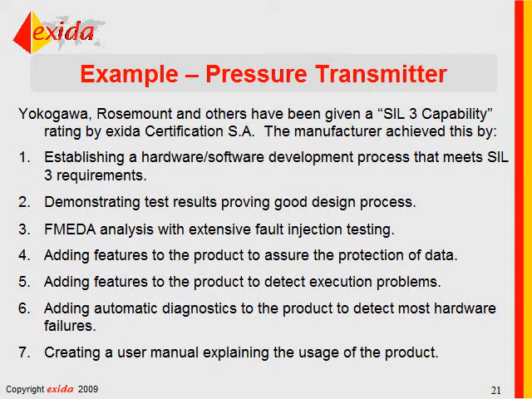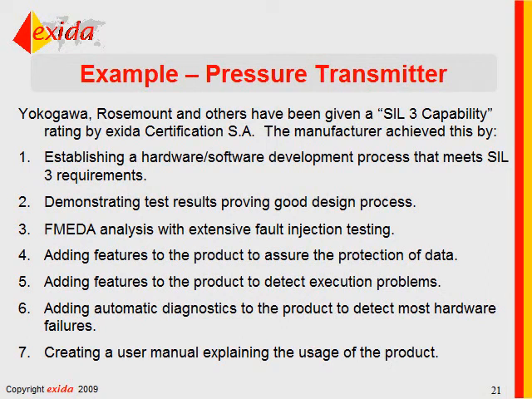Taking a look at these pressure transmitters, how did they do it? What does certification mean? Yokogawa, Rosemount, and others have been given a SIL 3 capability rating by exida Certification. In order to get this rating, they had to establish hardware and software development processes that met the rigorous SIL 3 requirements.